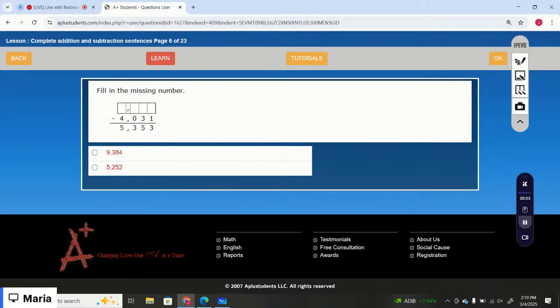Option number 1 is the correct option. That is 9,384. You always subtract the smaller number from the greater one. So that must be 9,384. Okay, you can complete the lesson by yourself later today. Let me move on to the next lesson.